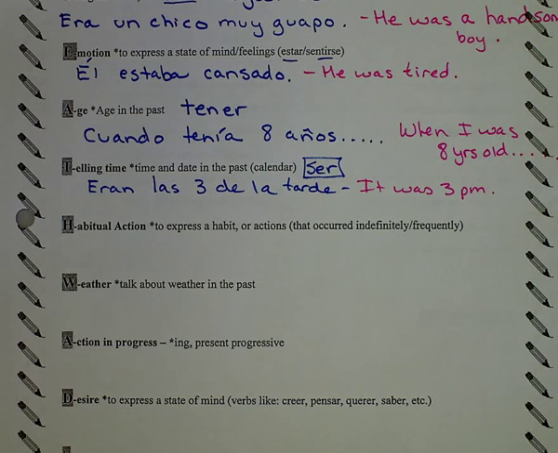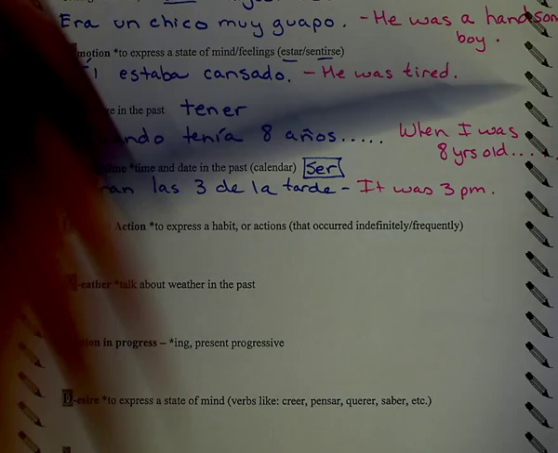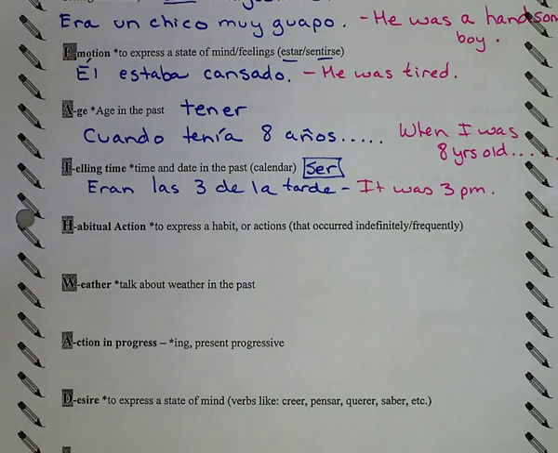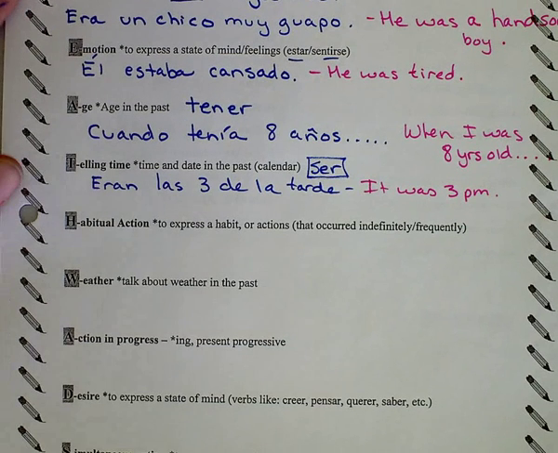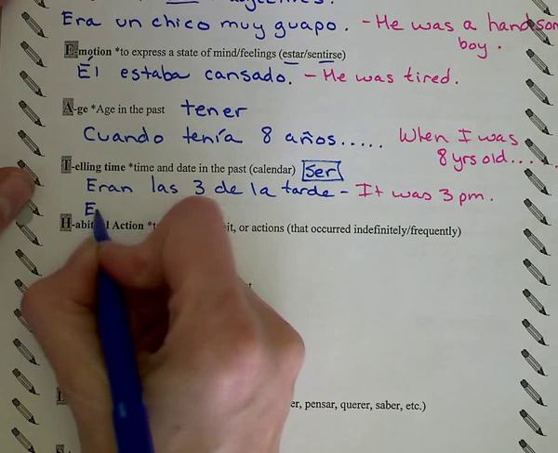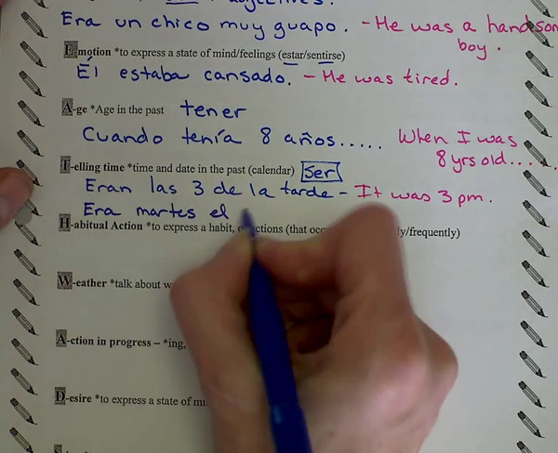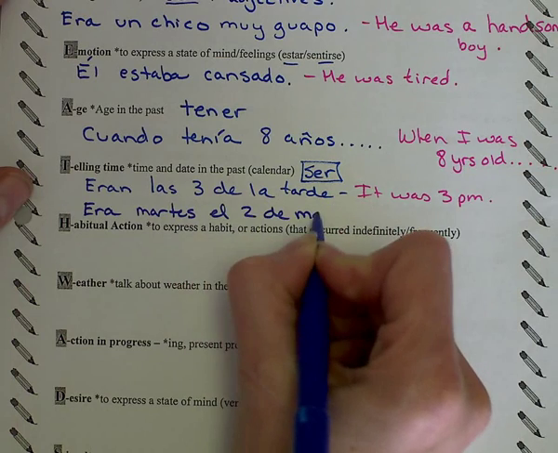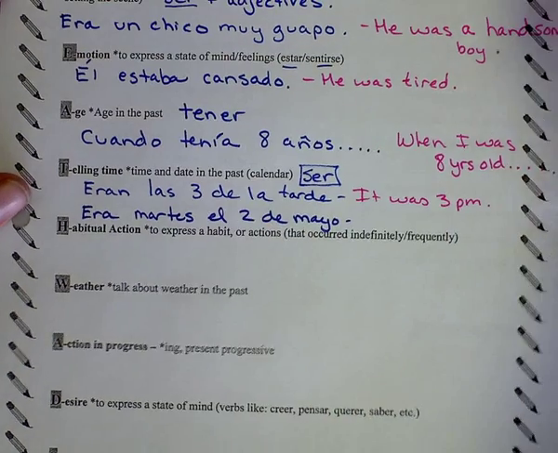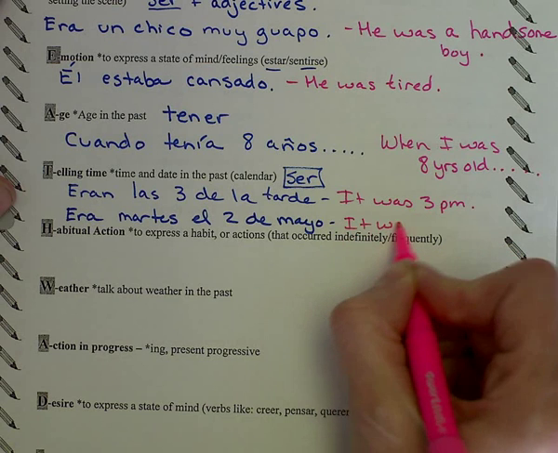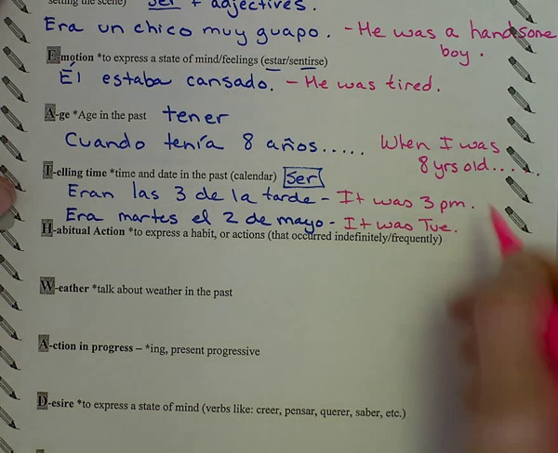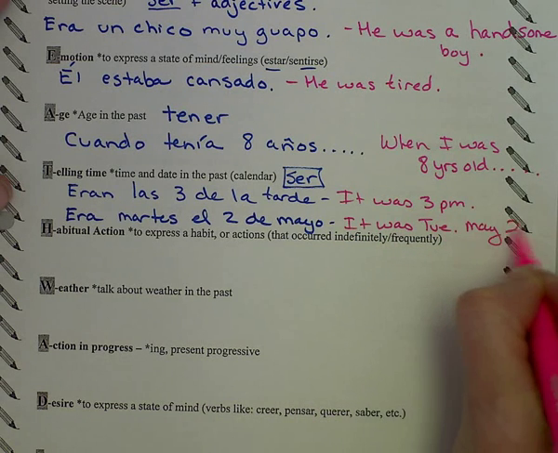So bringing in the date. If I want to say it was Tuesday, May 2nd. Tuesday, is it going to be era or eran? Which would mean it was Tuesday, May 2nd, right?